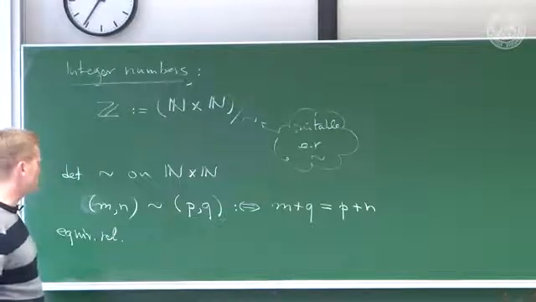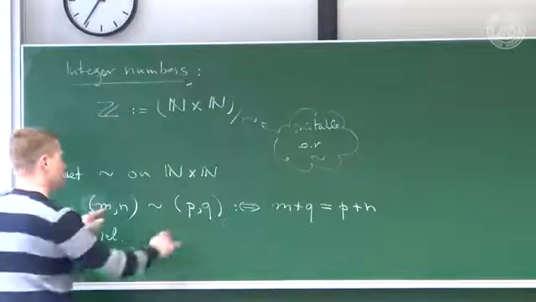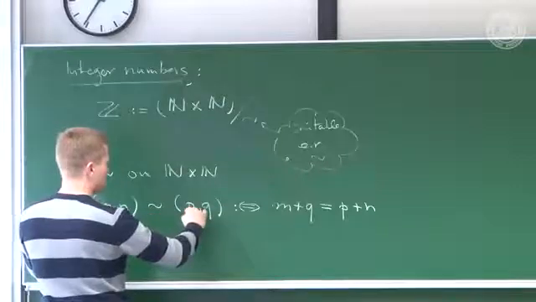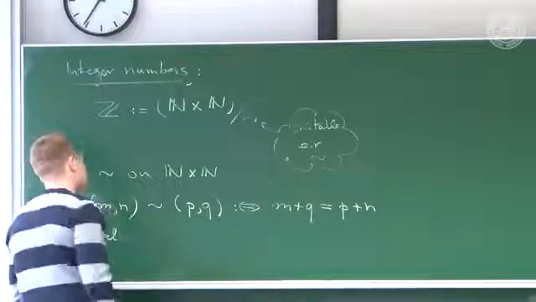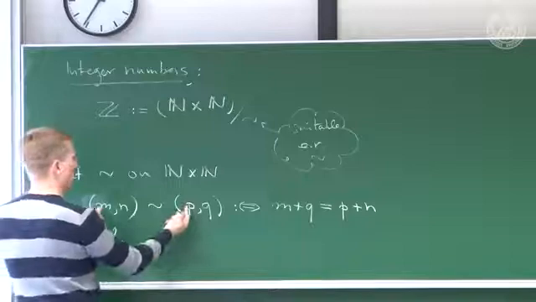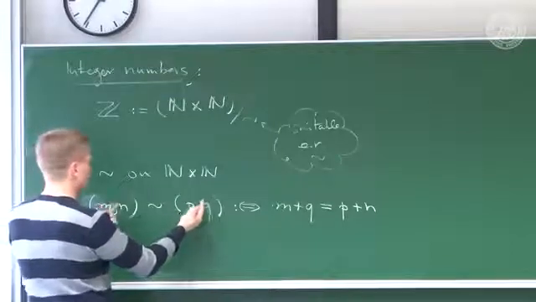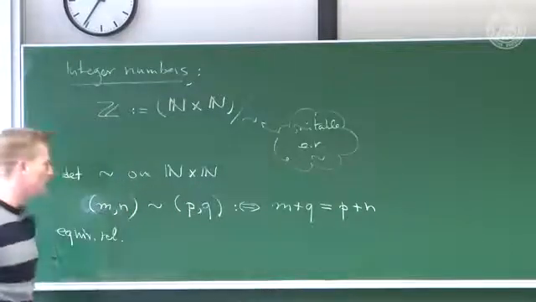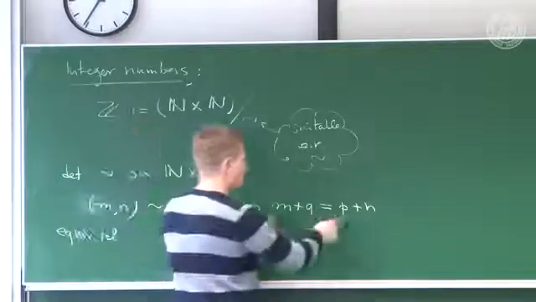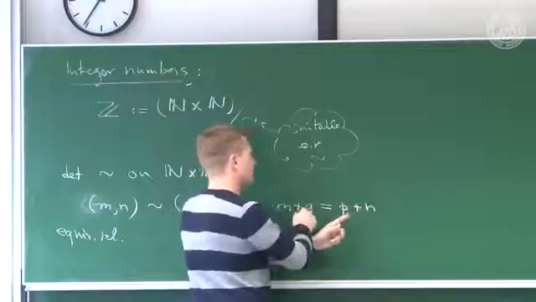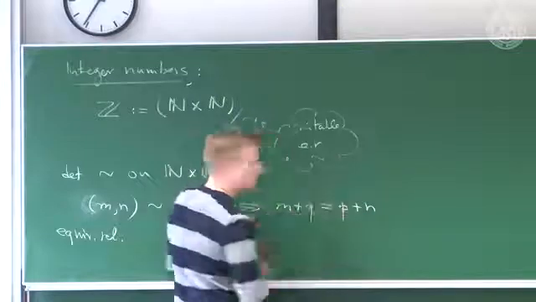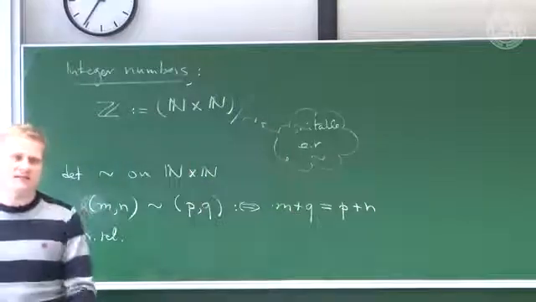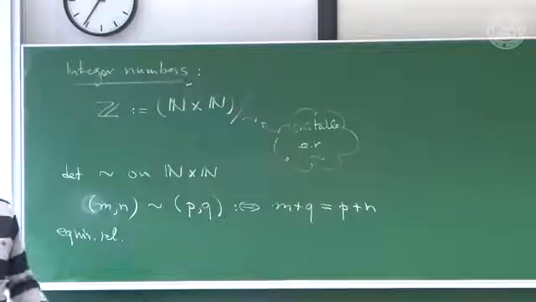So what about symmetry? If m, n equivalent p, q, is then p, q equivalent m, n? Well, you have to swap m and p, and at the same time you've got to swap n and q. If you swap m and p and at the same time n and q, then the sides of this equation are swapped, which is obviously still the same equation.